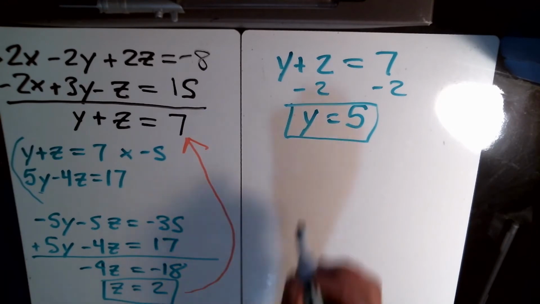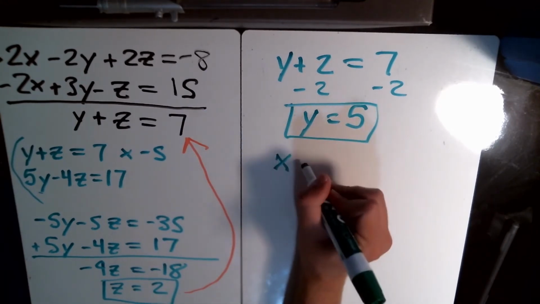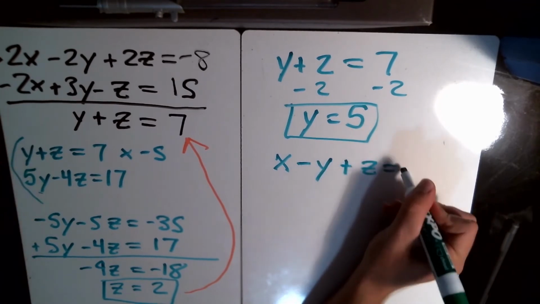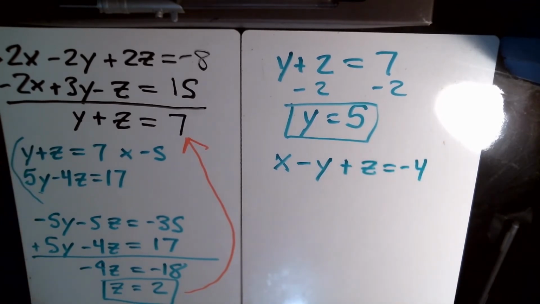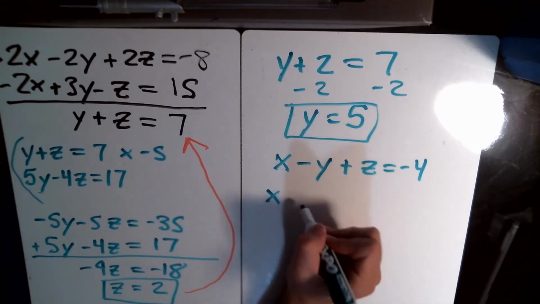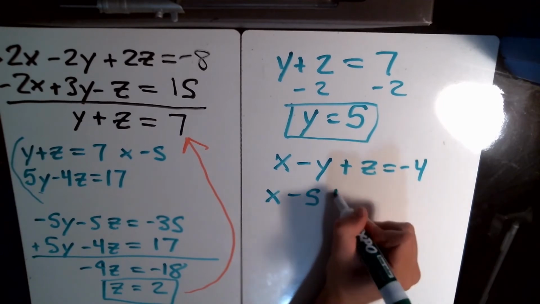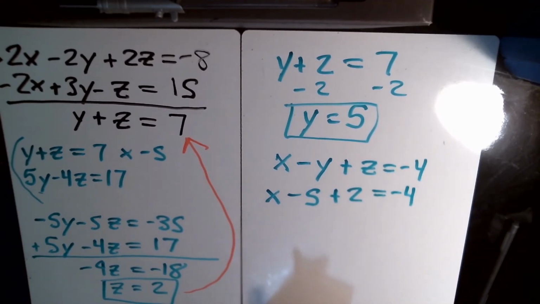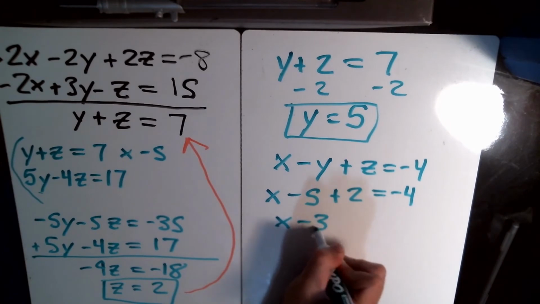So one of the equations I had from the very beginning was x minus y plus z is -4. It doesn't matter which one you use. So let's just use that one. So when I plug in y is 5 and z is 2, okay, I can figure out what x is. -5 plus 2 is -3.